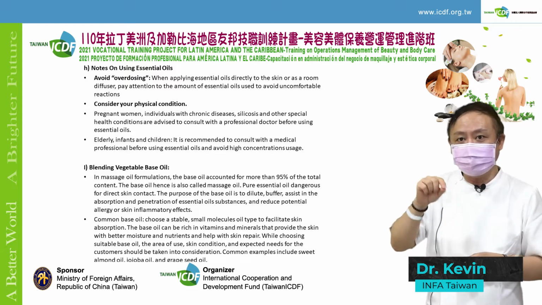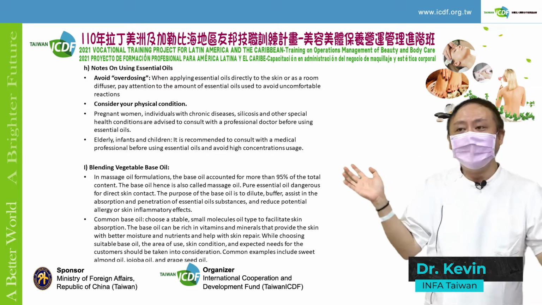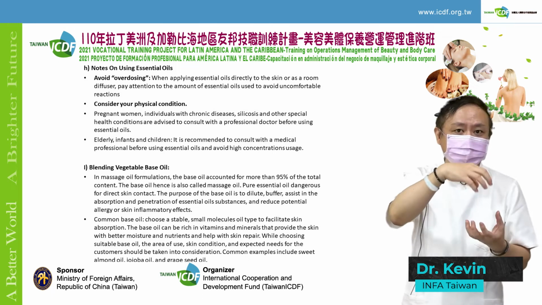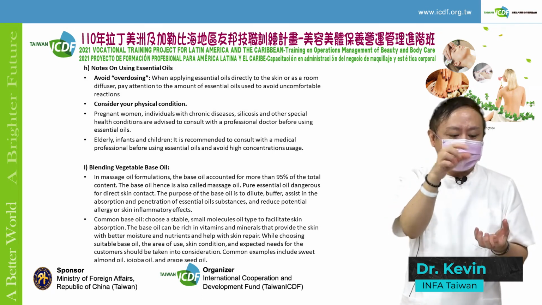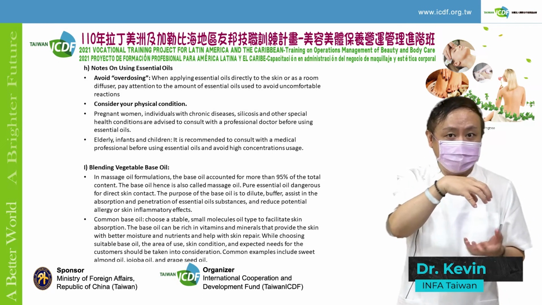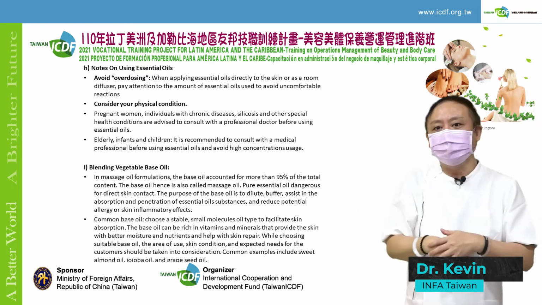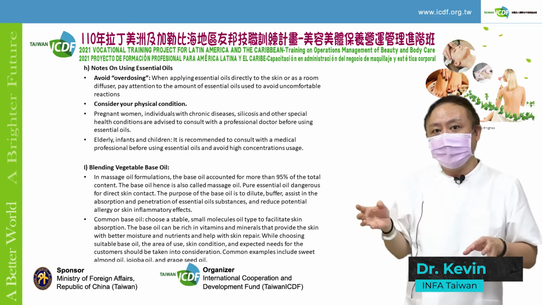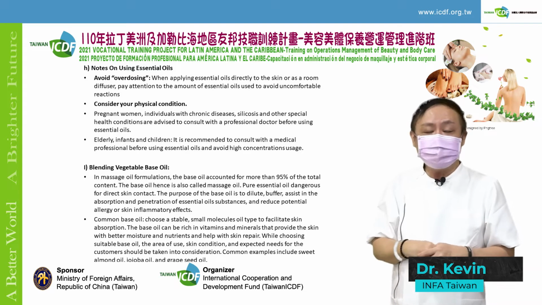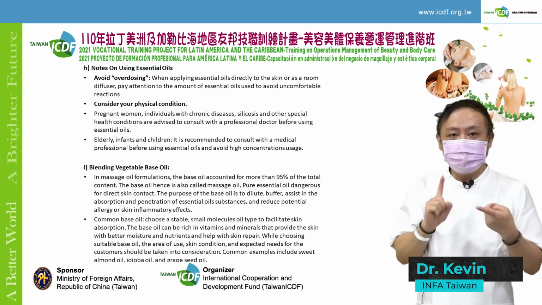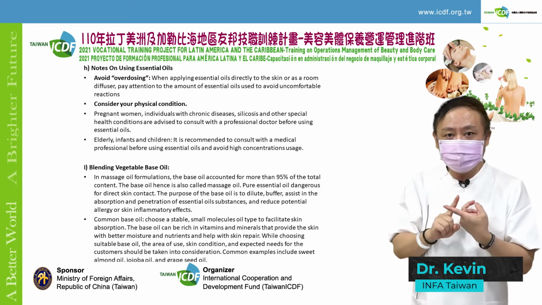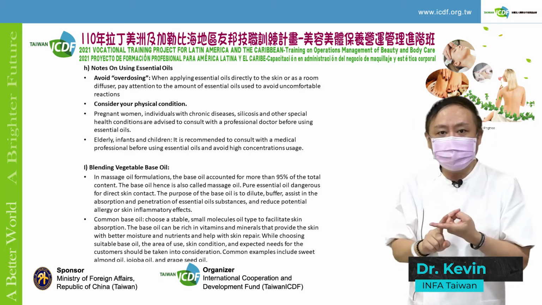So the most common examples of base oil need to be a stable oil and need to be all natural, because we're doing whole body massage, so we don't want to use a chemical oil. There are 3 common base oils: sweet almond oil, jojoba oil, and grapeseed oil.